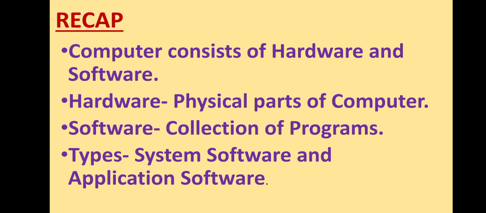A collection of programs is called software. System software and application software are two types of computer software. So this is all about computer hardware and software. I hope you all have understood today's topic.